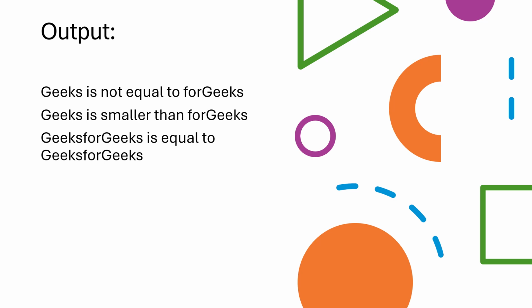So this will be the output: geeks is not equal to for geeks, geeks is smaller than for geeks, and geeks is equal to geeks. So these two are not equal and smaller than, which we have checked, and we also checked the equal to operator. This is the output. Thank you.